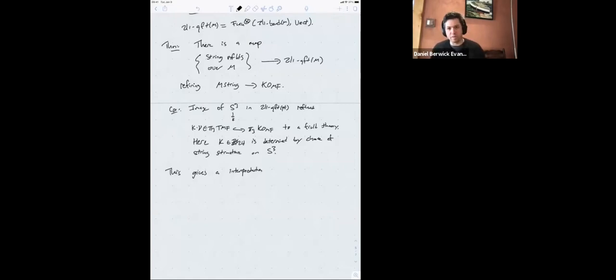So any choice of degree 3 class on S3 is going to give you a string structure. H3 of S3 is Z. So that's my k, that Z. And then it's taken mod 24 to give you an invariant in TMF. And this gives an interpretation of TMF torsion in terms of field theories.